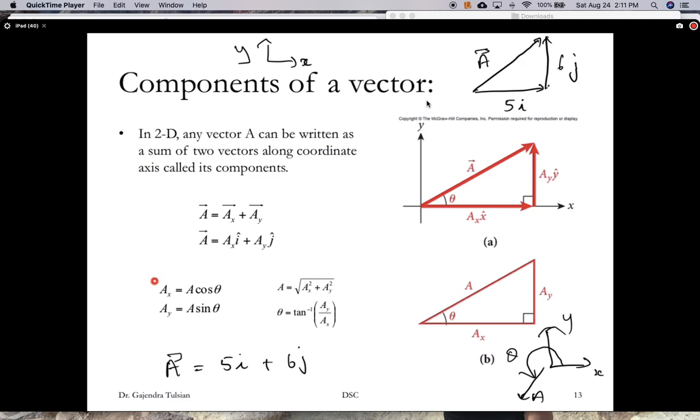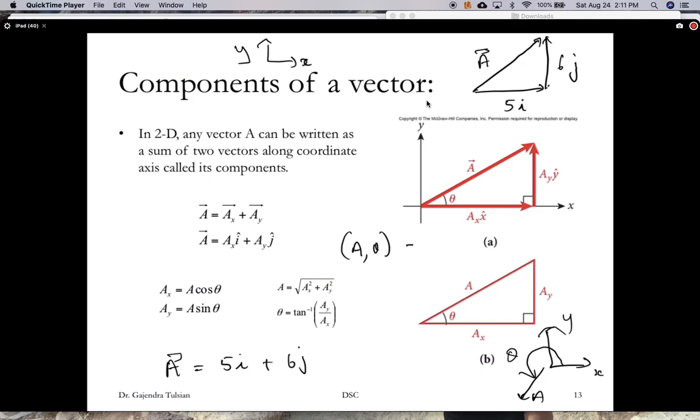And if you wanted to go the other way, if you wanted to get magnitude and direction from the components, here's how you do it. The magnitude is the square root of Ax squared plus Ay squared, and the angle is tan inverse of Ay over Ax. So now we've learned to write a vector in component form, and we've learned how to go back and forth from component to magnitude and direction.